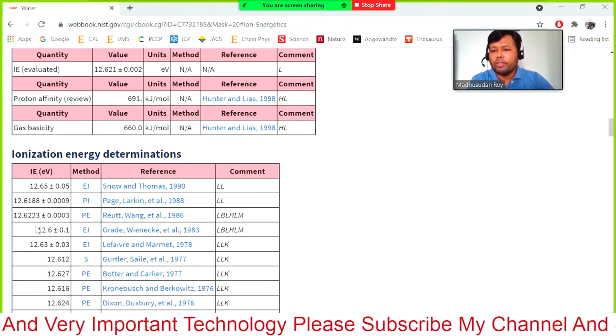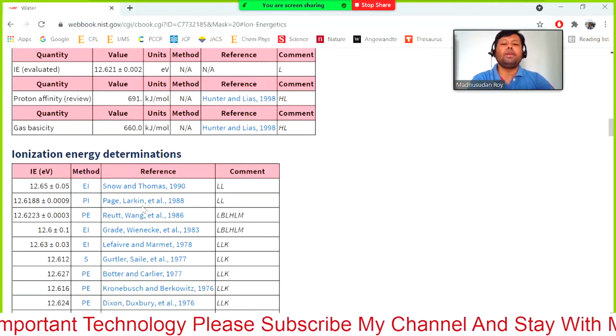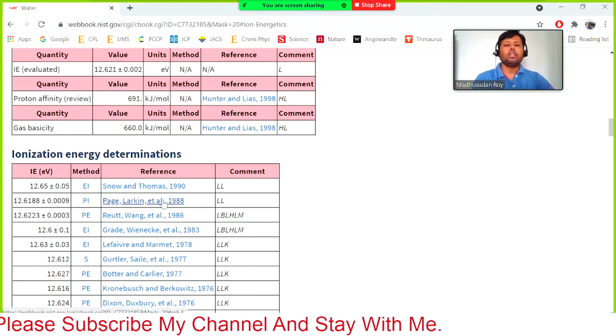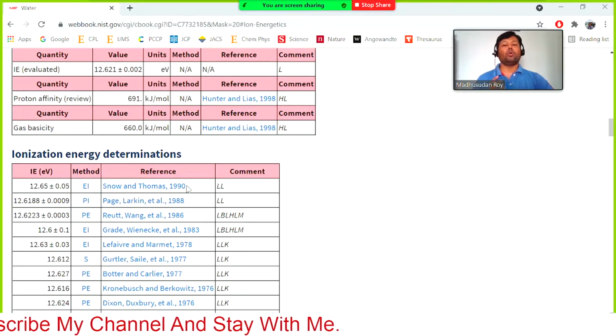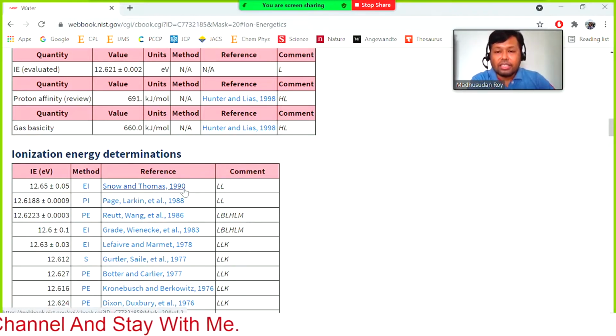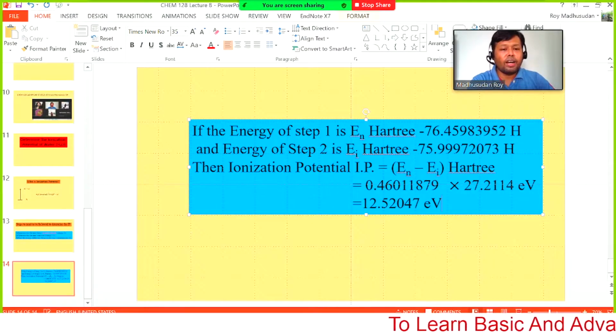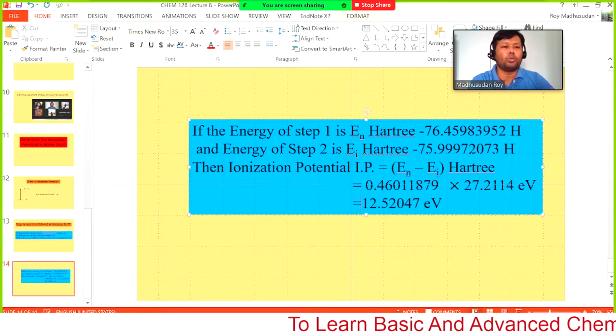Here different people have estimated the ionization potential of the water molecule using different methods. In 1990, that means 30 or 31 years ago, they found the ionization potential as 12.65, and right now we have found 12.52 electron volt.